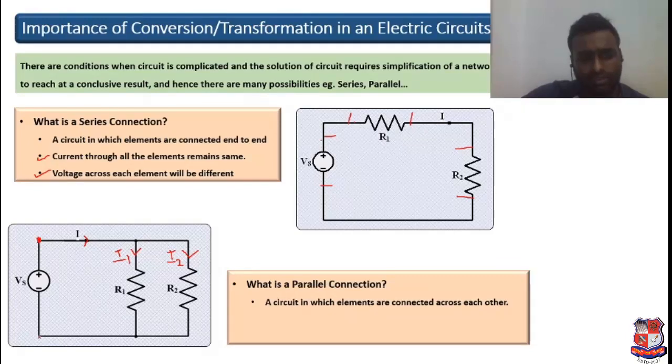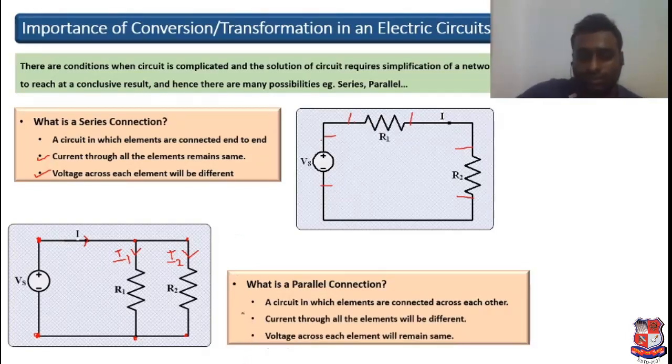As they are connected across each other, the voltage will be the same at all the points which are in parallel. Voltage will be the same but current will be different. These are the two important features.